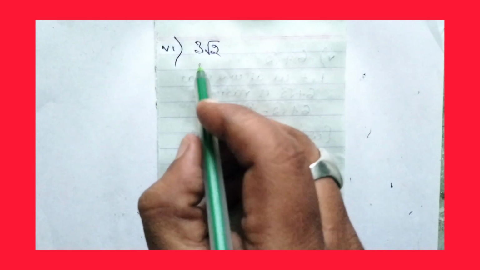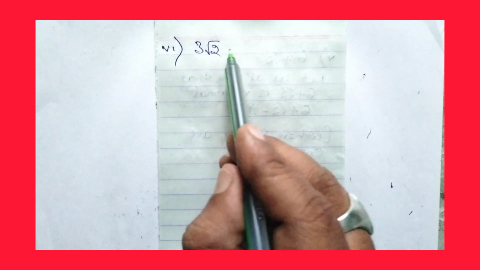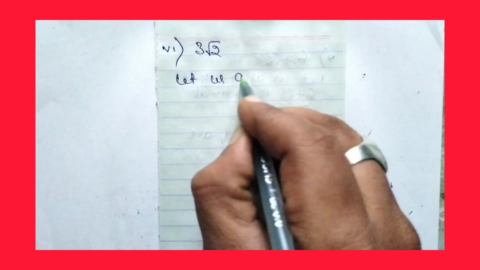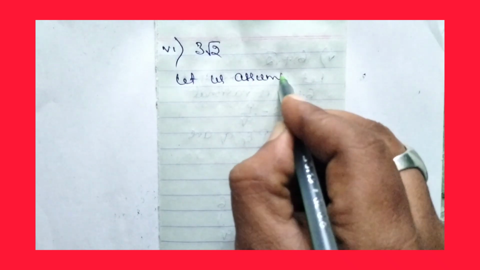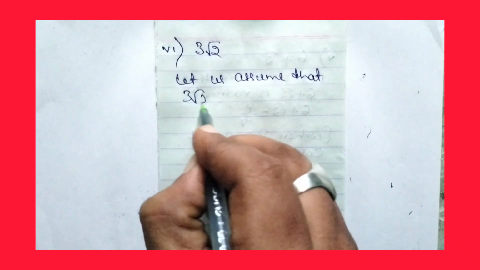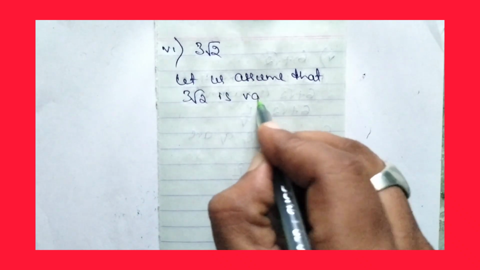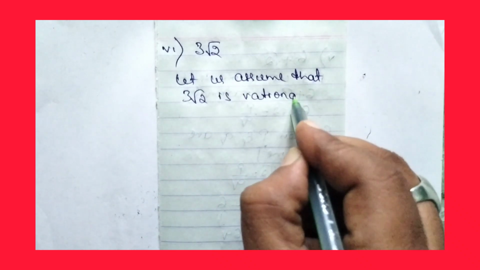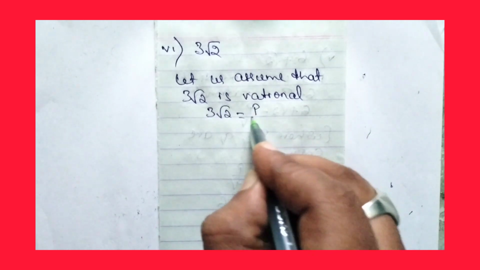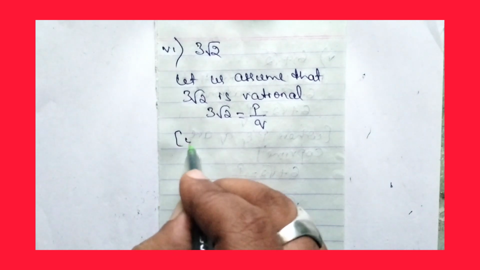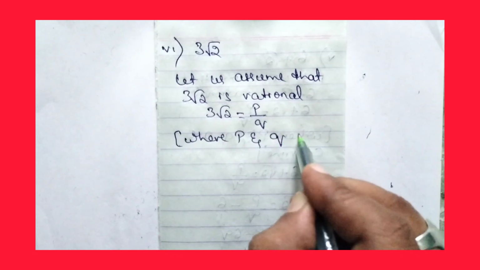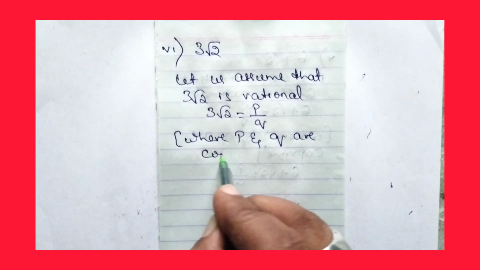Now let us show that 3 root 2 is irrational. Let us assume that 3 root 2 is rational. If 3 root 2 is rational, then 3 root 2 is equal to P by Q, where P and Q are coprime.